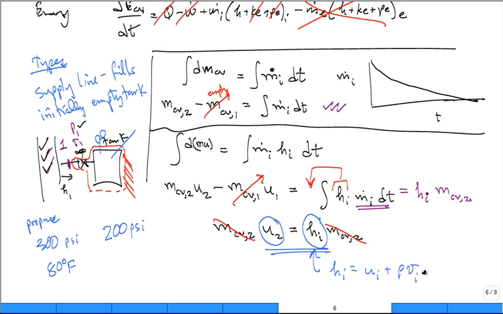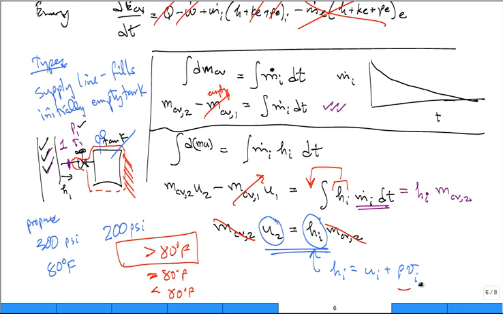So let's just take some guesses. The tank will be greater than 80 degrees F when I close the valve, equal to 80 degrees F, or less than 80 degrees F. Which one? Greater.